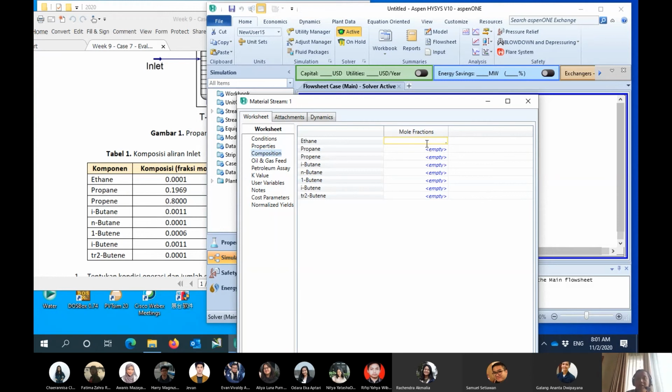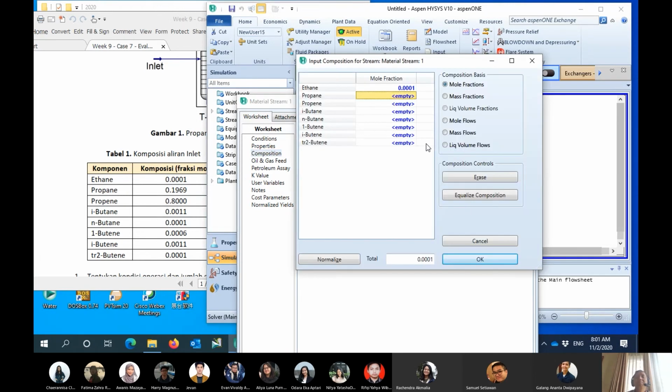So it will be 0.0001, 0.1969, 0.8, 0.0011, and n-butane 0.0001, then 0.006, 0.0011, and 0.0001.